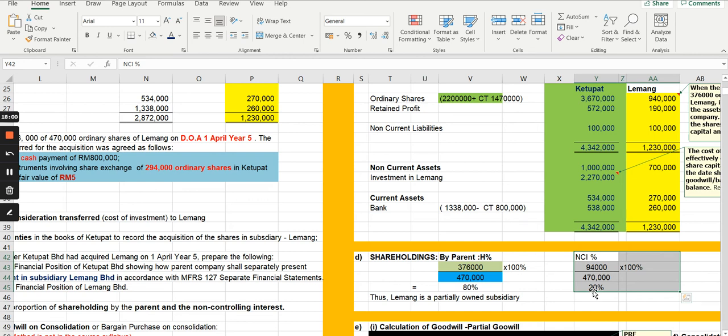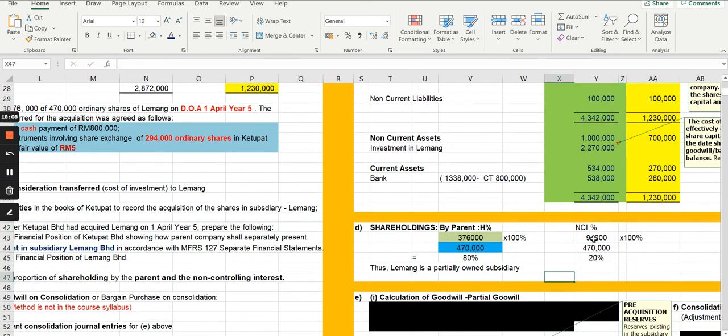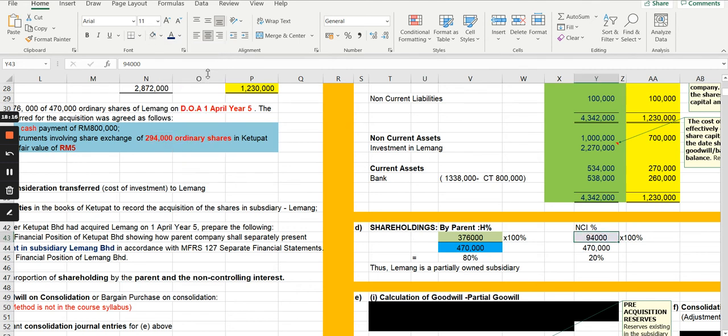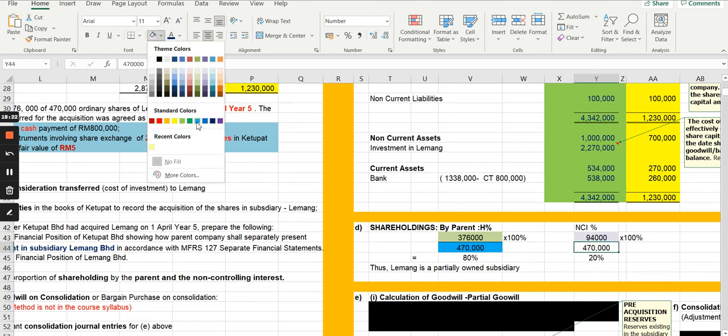So the percentage is 20%. Or you just know that since this is 80, of course this would be 20. That is the percentage held by the non-controlling interest. Then you get the percentage as required.